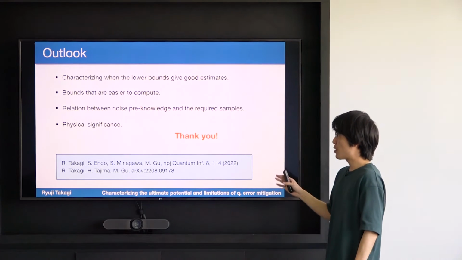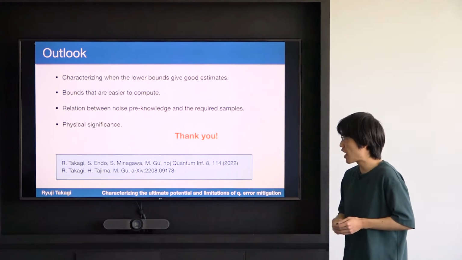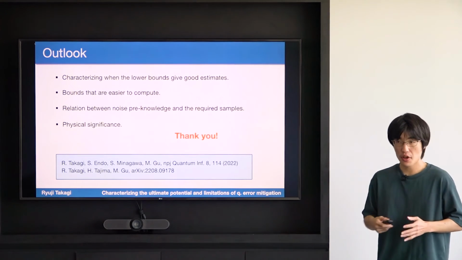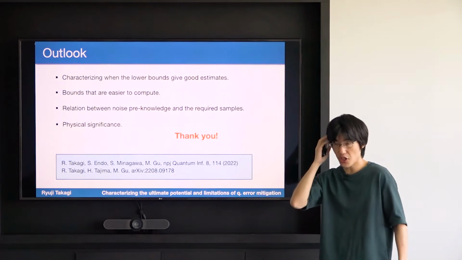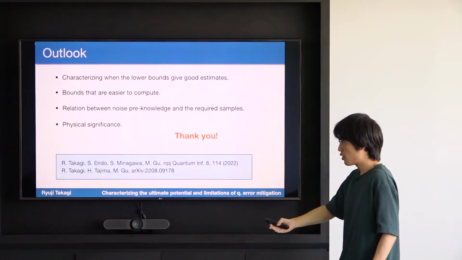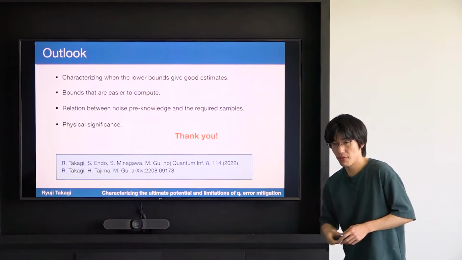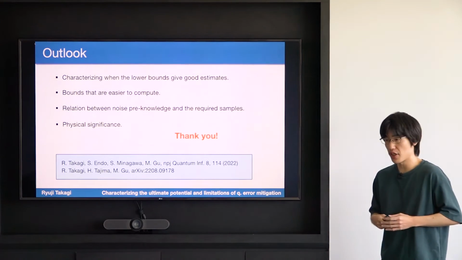And when it comes to the specific outlook and future research from this work, the first is to characterize when our lower bounds can give good estimates. We set up a general lower bound that applies to a wide class of error mitigation protocols.